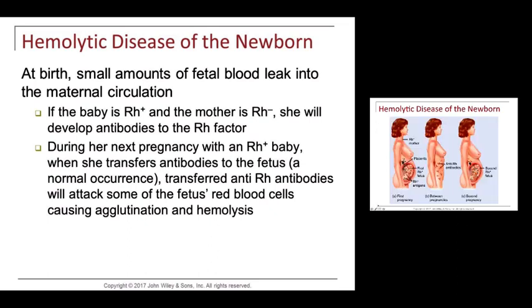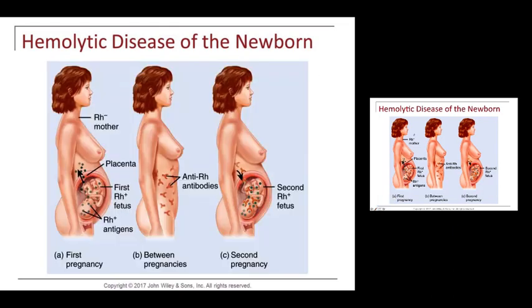So here on the left, the mom is Rh negative, the first baby is Rh positive. And when she delivers, there's going to be this exchange of blood that goes on.